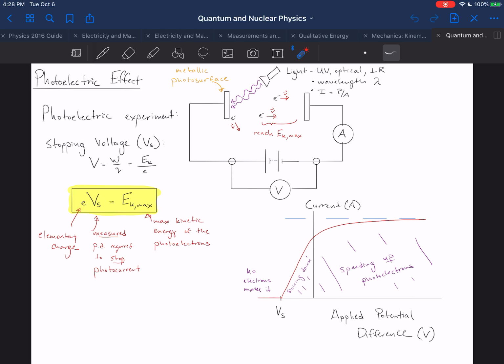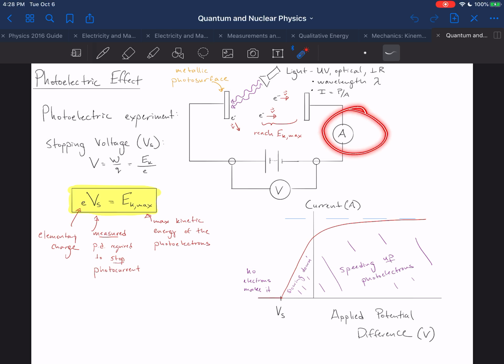That is, there is a maximum current that is reached when the applied potential difference is positive enough so that it is pulling literally every electron emitted from the photosurface to the cathode itself.